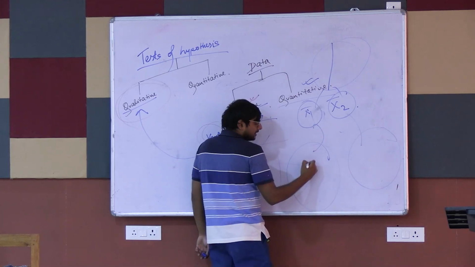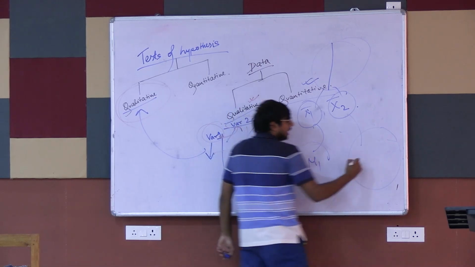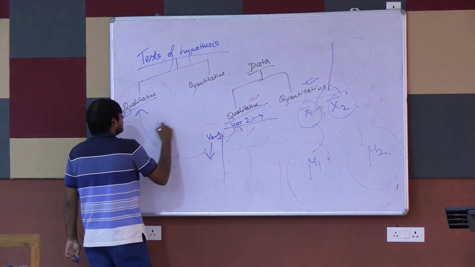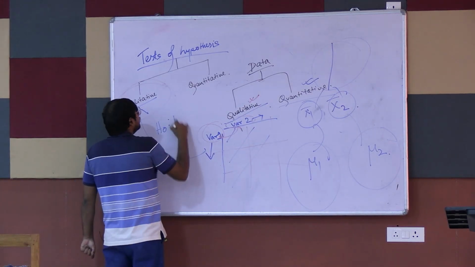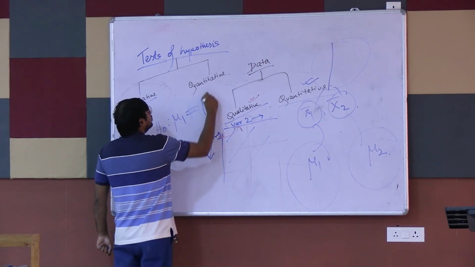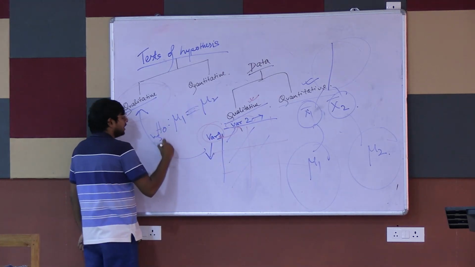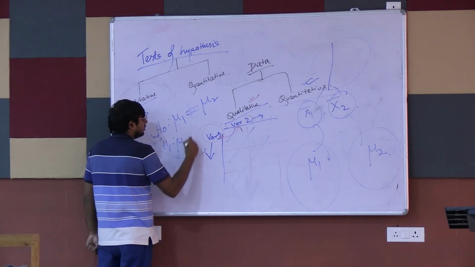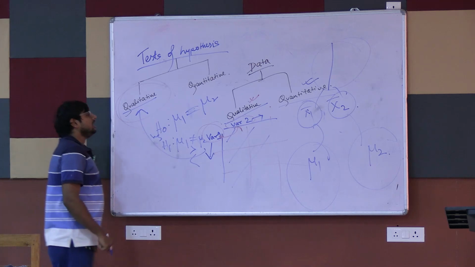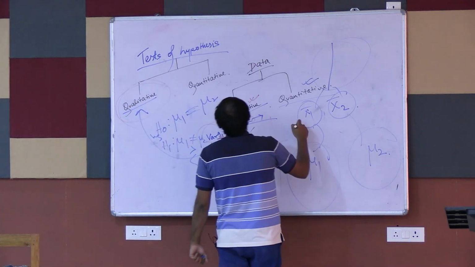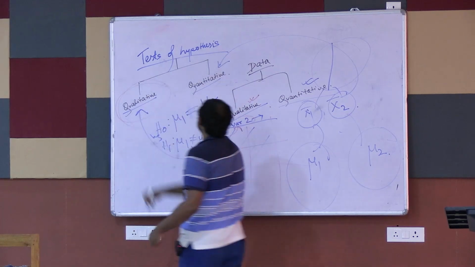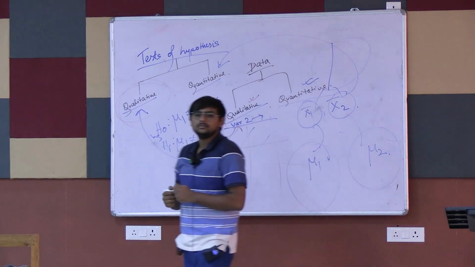So the population mean is mu1 and this population mean is mu2. We want to test whether mu1 is equal to mu2 versus alternate, whatever be it. In these kind of cases, we are going to go for quantitative tests. Understood till now?